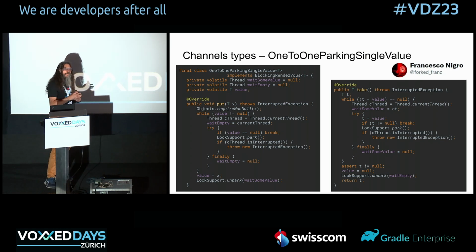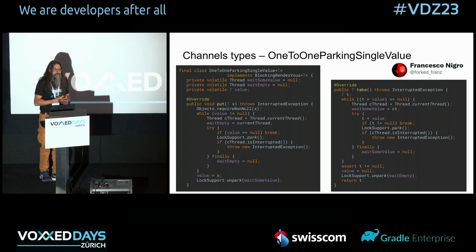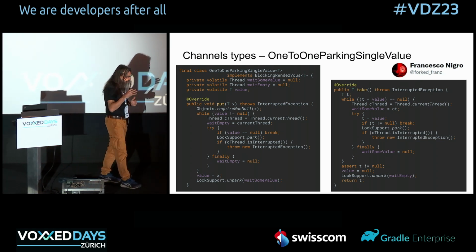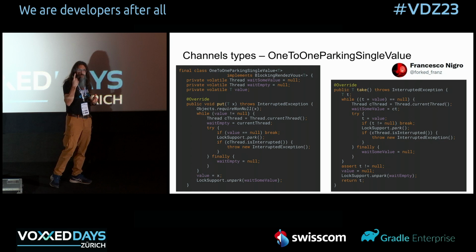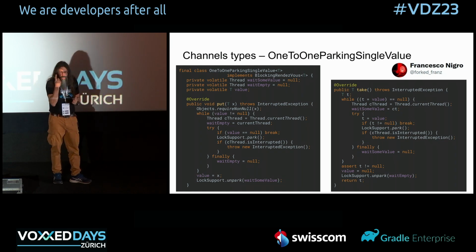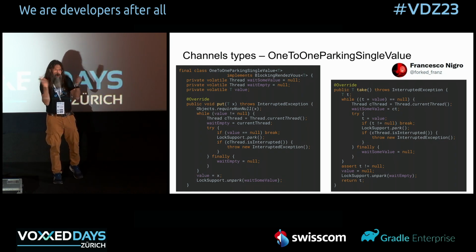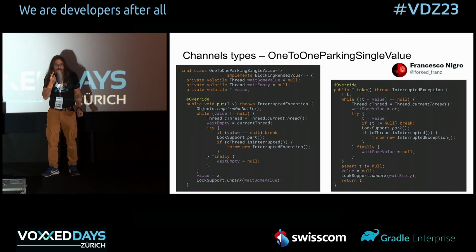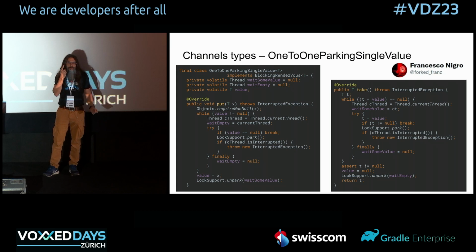And the other thing that Francesco noticed is that there is one more constraint that we can leverage. It is not only true that I need only one value instead of a whole queue, but one more constraint is that it's always the same thread reading, and it's always the same thread writing on this thing.